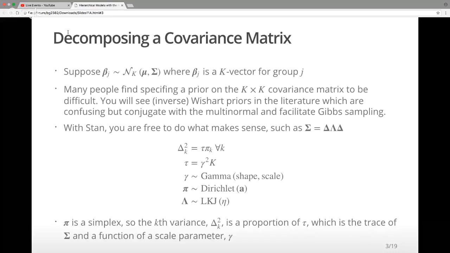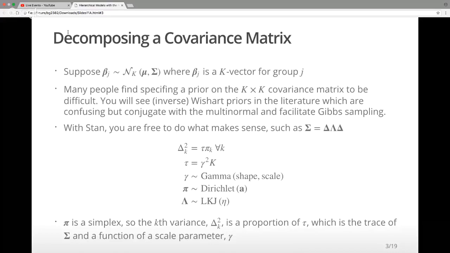And what is done in rstanarm is to write the squares of the diagonal elements of delta, which is to say the variances, as equal to tau, which is unknown, times pi sub k, which is unknown. Okay, so I've taken my unknown variance and I've written it as the product of two more things that I don't know. So how would I specify my prior beliefs about tau and about pi k?